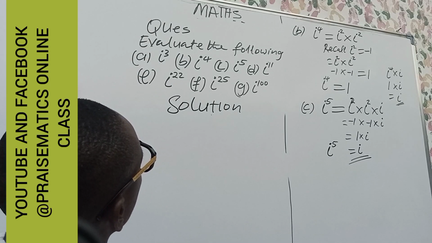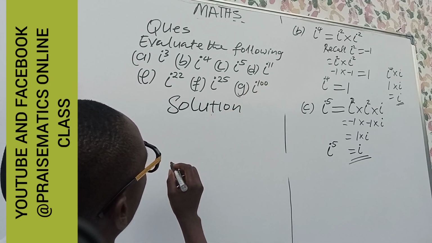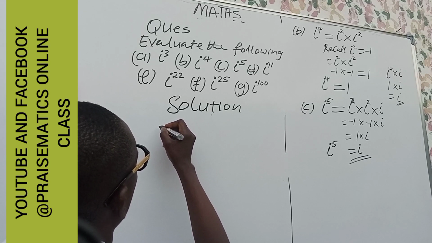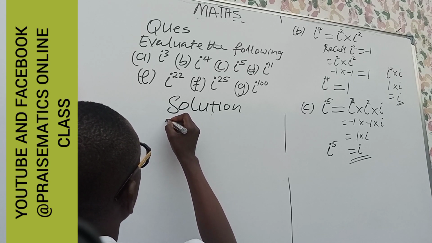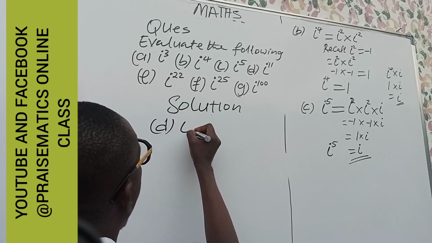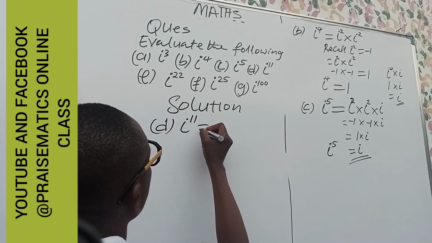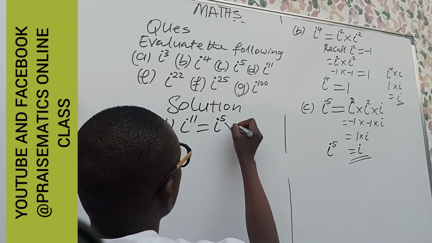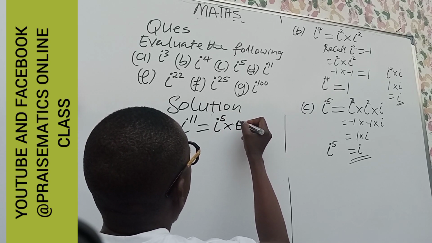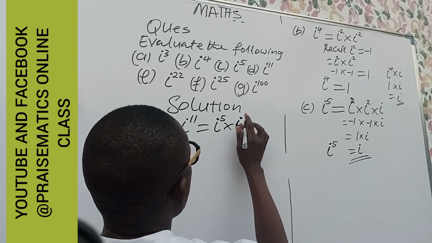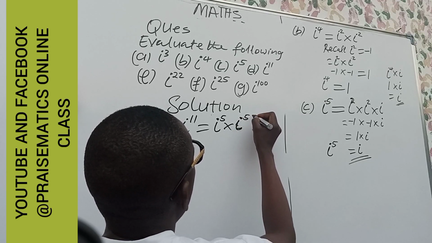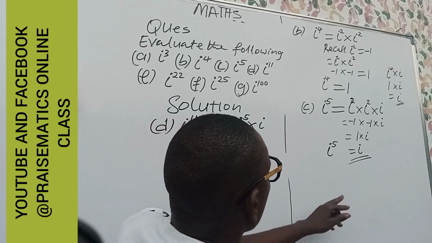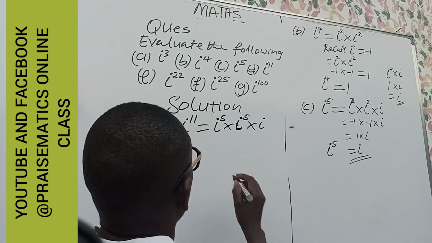Okay, now let's go to i power 11, solution D. i power 11 is the same thing as saying i power 5 multiplied by i power 5 multiplied by i. From our previous knowledge, you know that i power 5 is i.